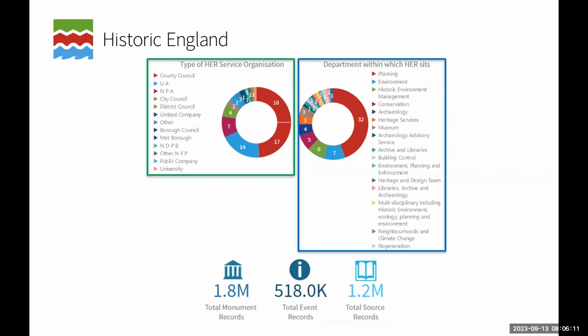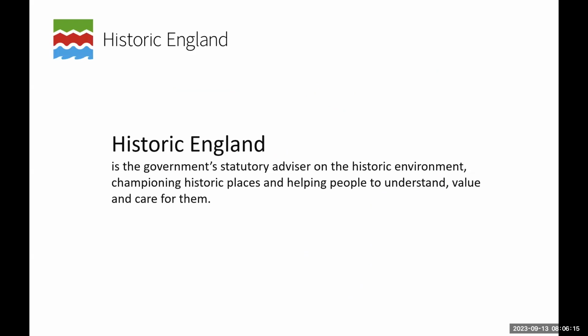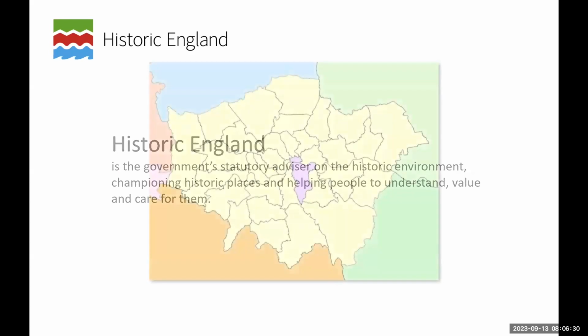London is not, and London is in fact unique. Since 1991, it's been maintained along with most of the archaeological planning advice for London by Historic England, the UK government's advisor on England's historic environment, who also have a role on overseeing HERs in England.